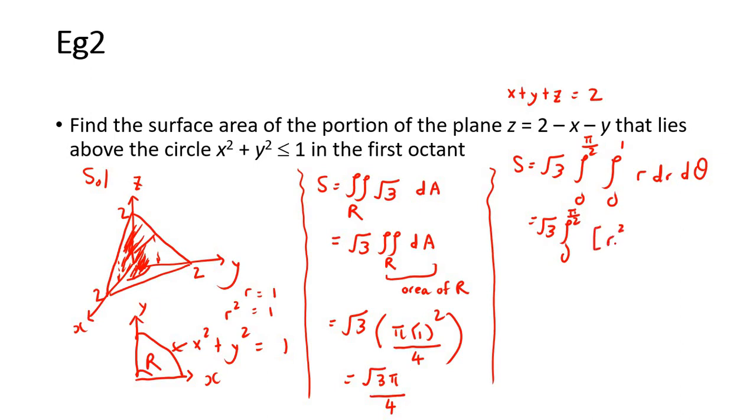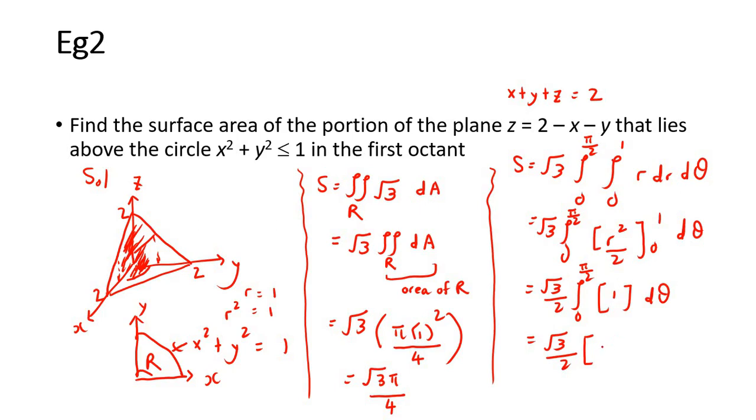So we have integrate r dr, r squared over 2 from 0 to 1, d theta. Factor out a half, so square root of 3 over 2, integrate from 0 to pi over 2. I substitute into r, I have 1, d theta. So square root of 3 over 2, integrate 1, we have theta, with limits from 0 to pi over 2.